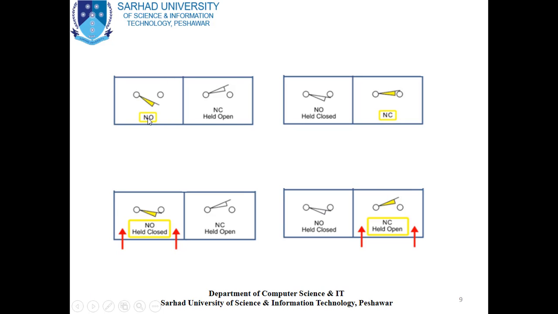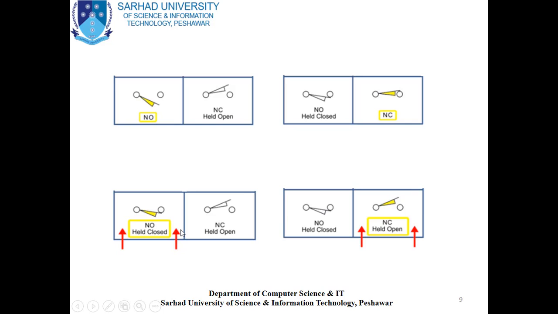Here you can see the normally open position of the limit switch. This is the first terminal and this one is the second terminal. So the limit switch is a two terminal switch. In this case, it is in normally open position.